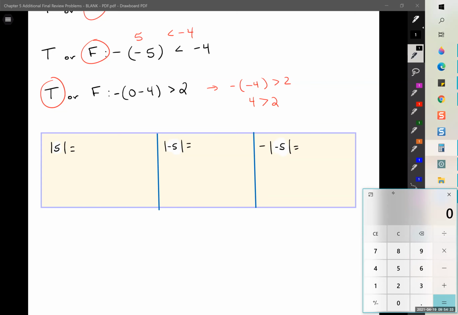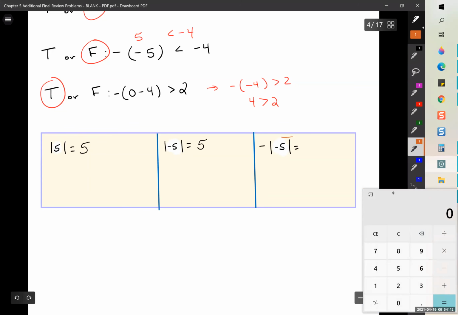So it's going to take 5, already positive, no changes needed. It'll take negative 5 and change it to positive 5. Now here there's 2 parts to the problem. We need to simplify what's inside absolute values and then apply the negative to it since it's outside. So negative 5 absolute value is positive 5. But then we apply the negative. So within the absolute value, we get a positive 5, minus a positive number becomes a negative number.